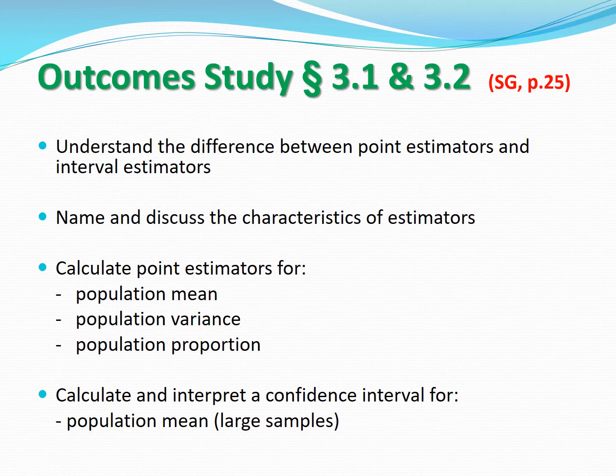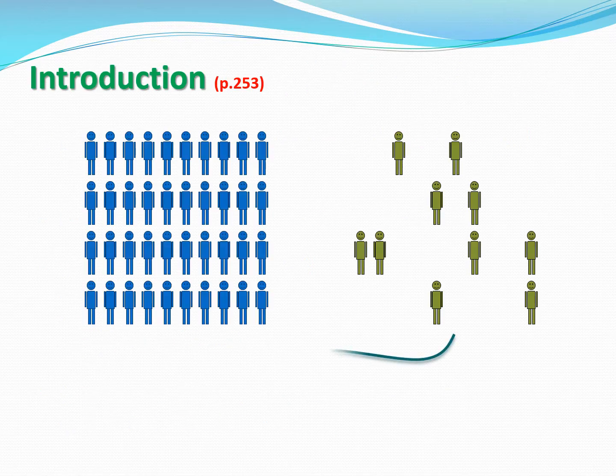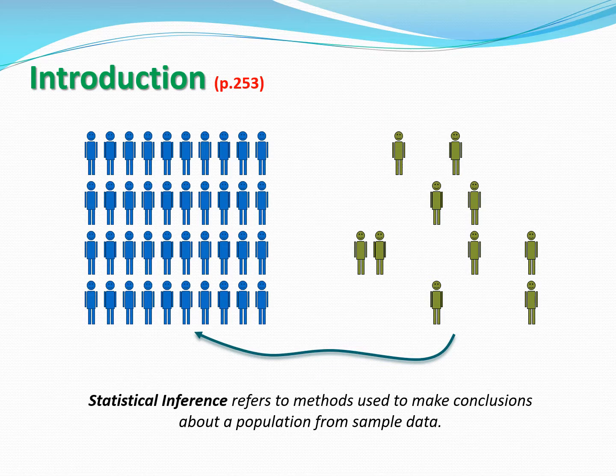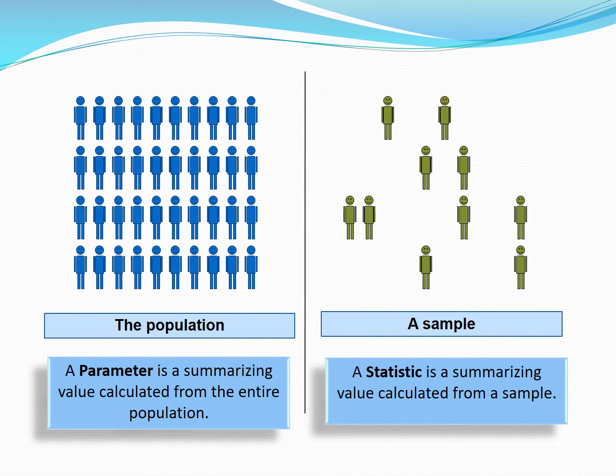Like I said, we are busy with statistical inference now. So statistical inference refers to methods used to make conclusions about the whole population from sample data. If we calculate a summarizing value from the entire population, we call that a parameter.